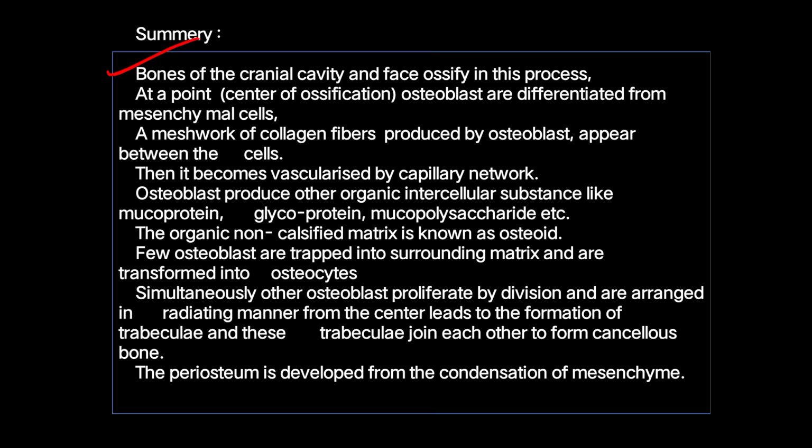ossification process. At a point, the center of ossification, osteoblasts differentiate from the mesenchymal cells, and after that a meshwork of collagen fiber produced by the osteoblast appears between the cells.